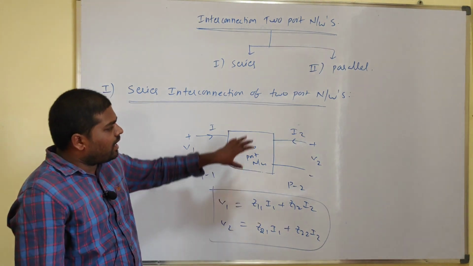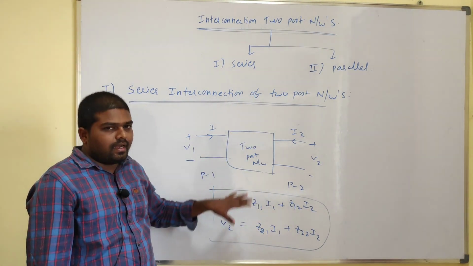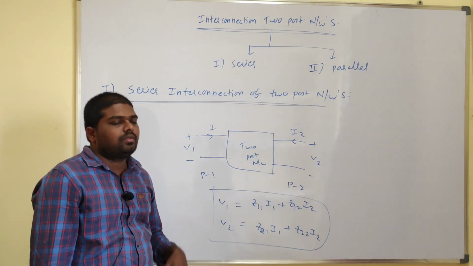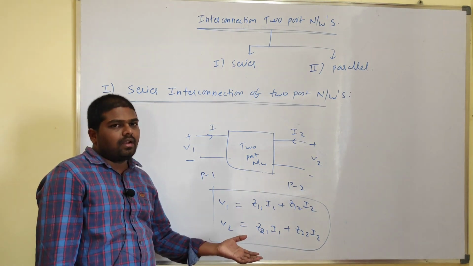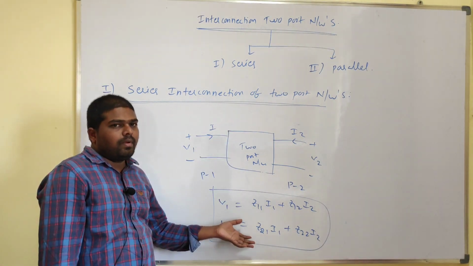Now we take one more two-port network here, and these two-port networks are connected in either series fashion or parallel fashion. For that entire series configuration or parallel configuration, we need to derive the two-port network parameters.